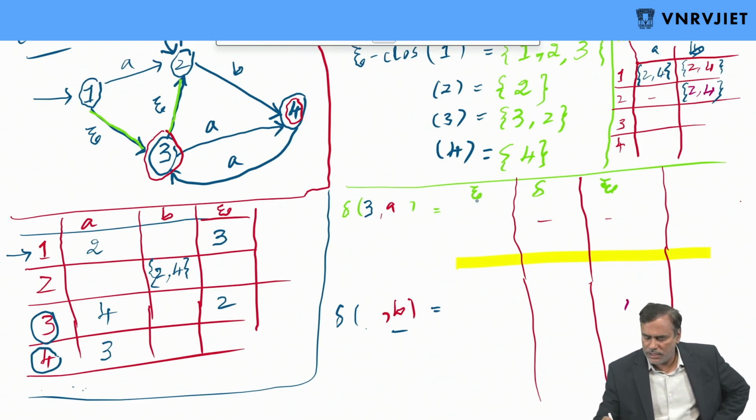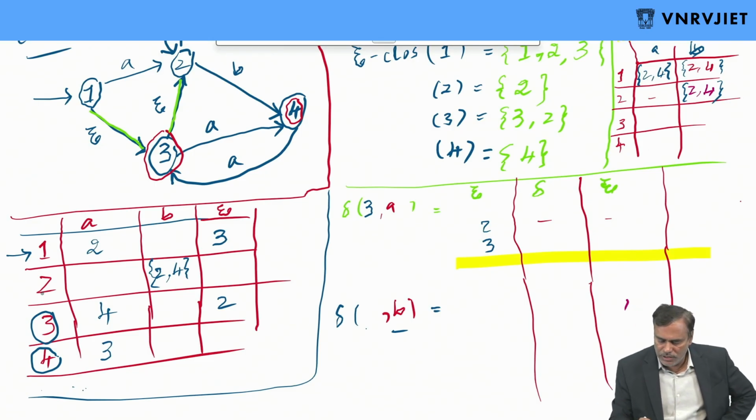First, you have to find epsilon closure of state 3. What is the epsilon closure of state 3? Epsilon closure of state 3 is 3, 2 or 2, 3. That is okay in the order. Let me write that as 2, 3. And then you have to find the union of 2a and 3a from the table. This is 2, this is 3.